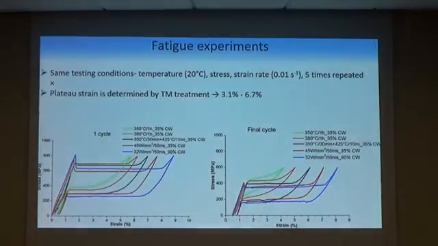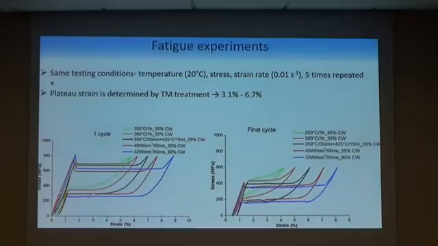After annealing, the wires were subjected to superelastic cycling at the same mean stress and amplitude, and the testing temperature was 20 degrees C and strain rate 1% per second. But the main difference is in the length of the superelastic plateau strain.